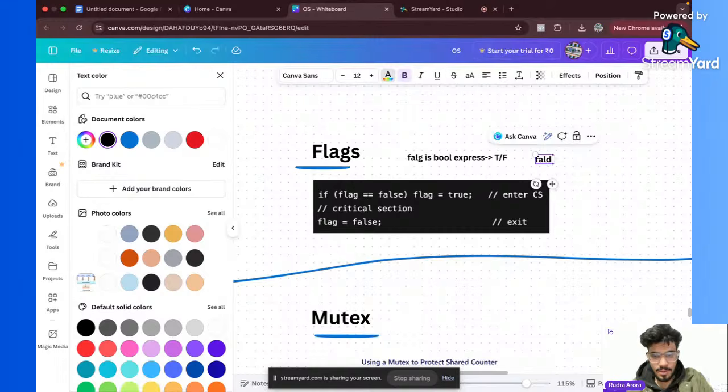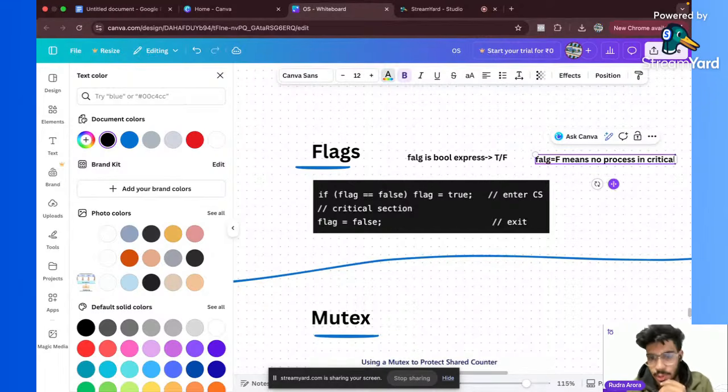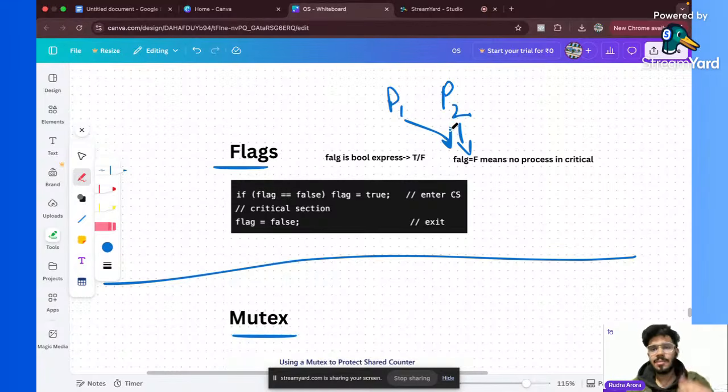So when P1 and P2 come, I am giving just an example with two processes, but there can be many, they will see that flag is false, and what they will do is they both enter the critical section at the same time.